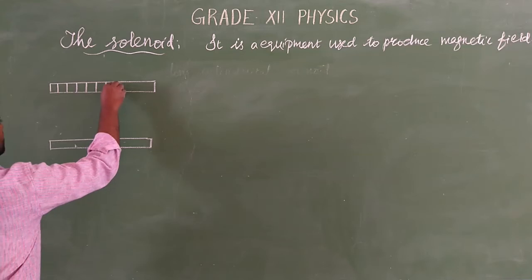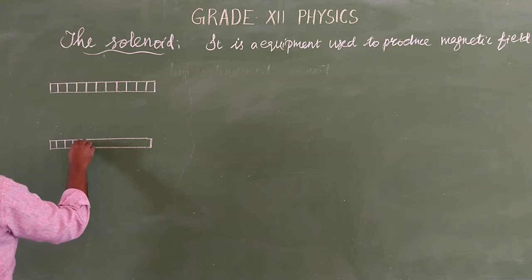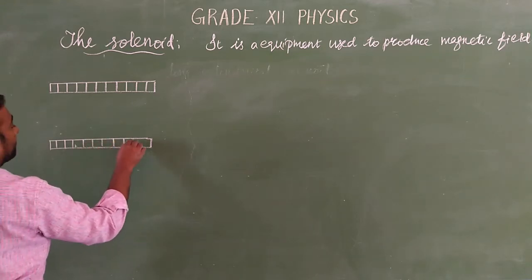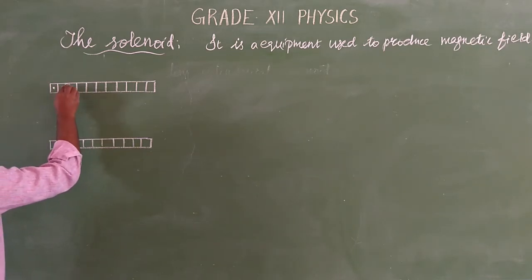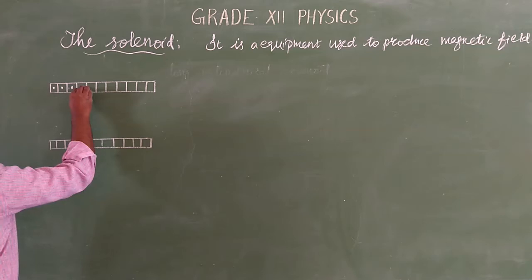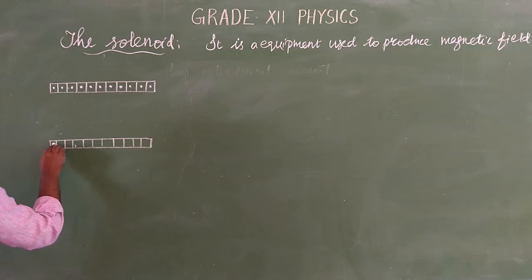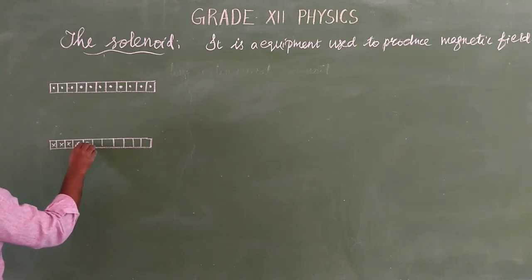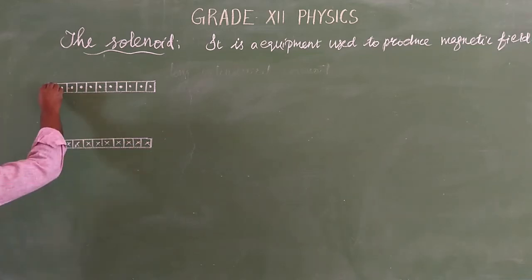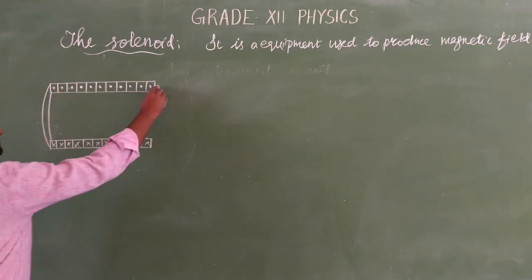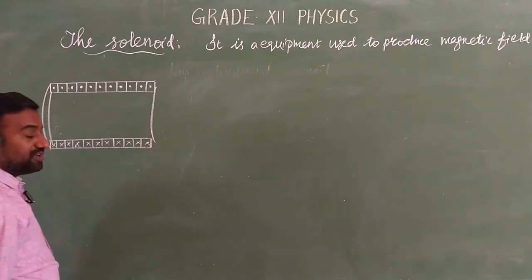At the upper end the field is emerging out, so in all these places it is a dot field. But here we have a cross, into the plane. So this is a cross-section view of the solenoid. Now the magnetic field inside is uniform, and that is what we are going to determine.